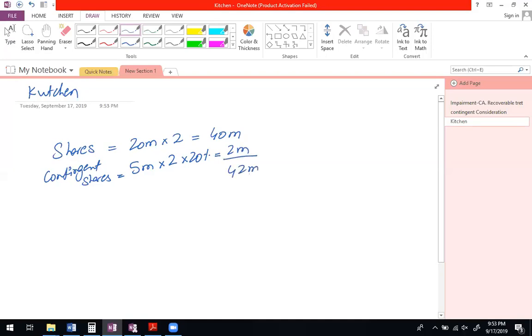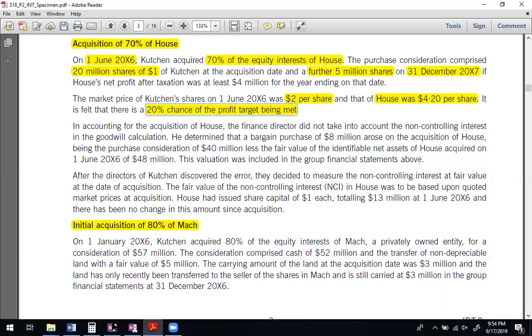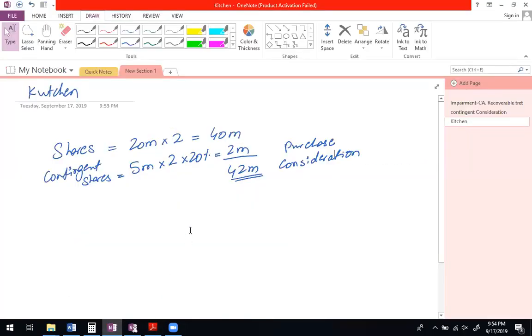So this means that the total purchase consideration is going to be $42 million, which is going to be used in the calculation of goodwill. Is it clear to everyone?